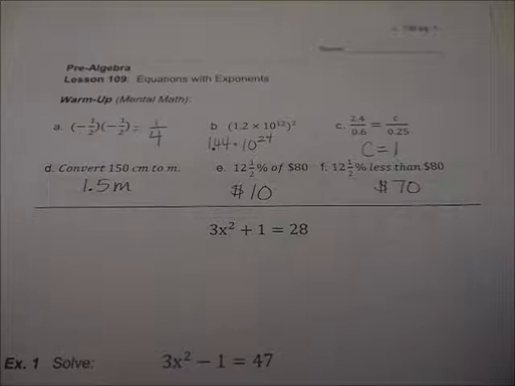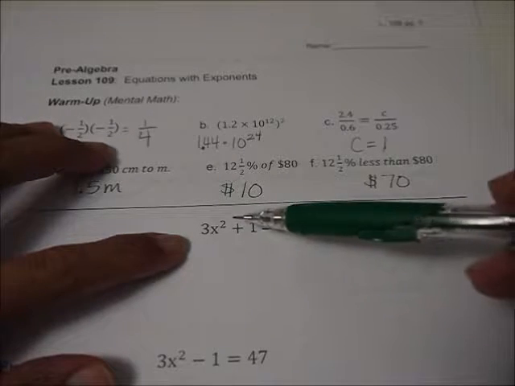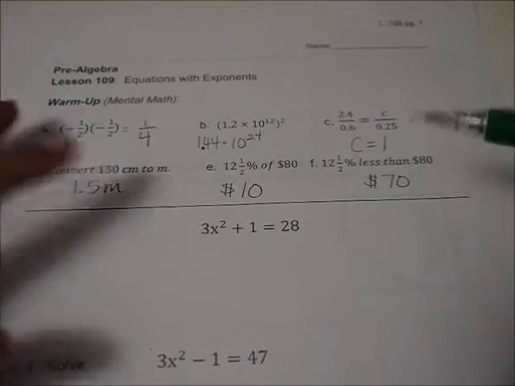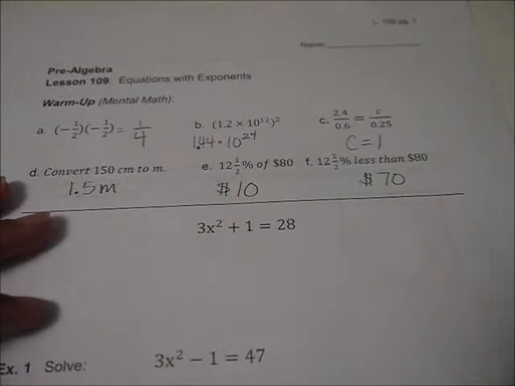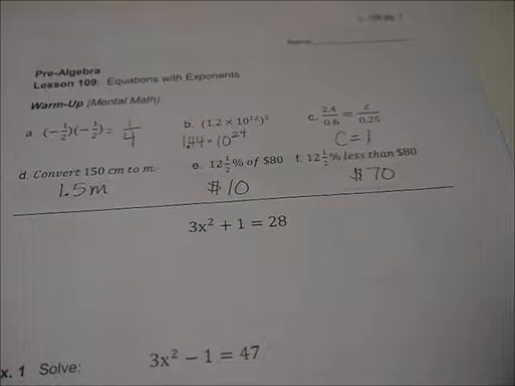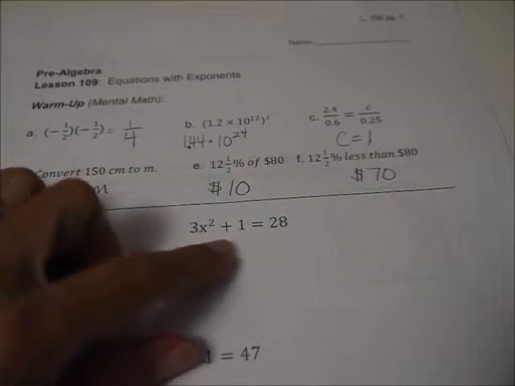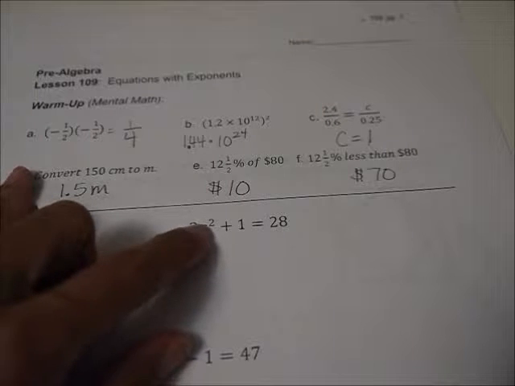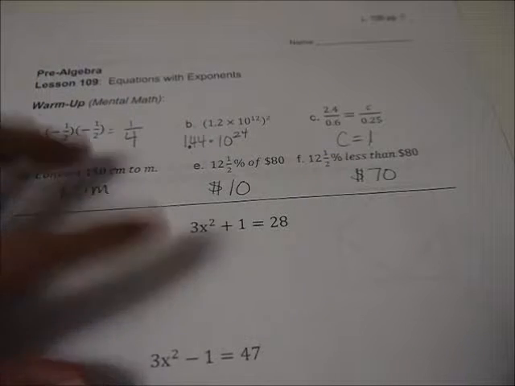Okay, here we go. We are going to do equations with exponents like this. This is new. You've been solving equations where this didn't exist, this little square symbol, right? So let's see what it means when we have this little square symbol. I will tell you that if you have any exponents in an equation, the biggest exponent, which is 2, is going to tell you how many possible answers you can get for this.